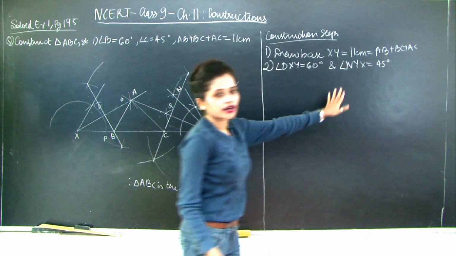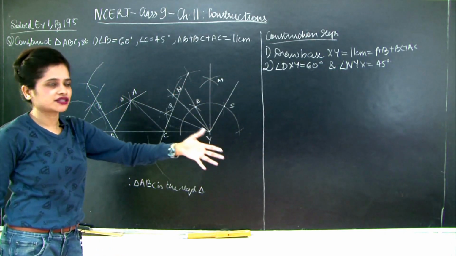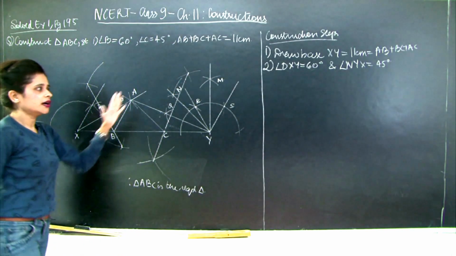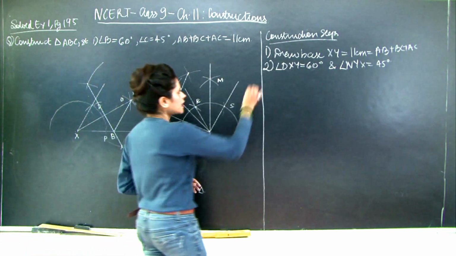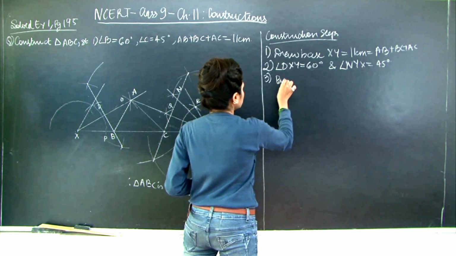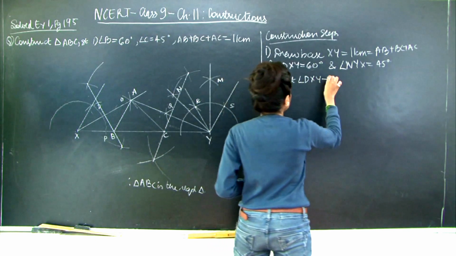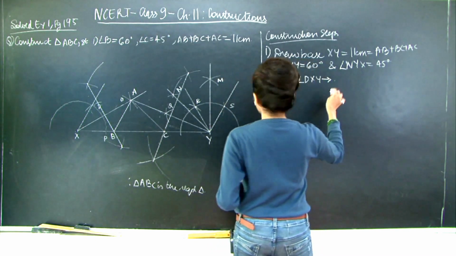So you need to construct these. We have learnt the constructions of the 60 degree and 45 degree angle before, as well as we did it here, but it's not necessary to write the steps. Okay, then third point, bisect angle DXY, and the bisector will be what? OX.